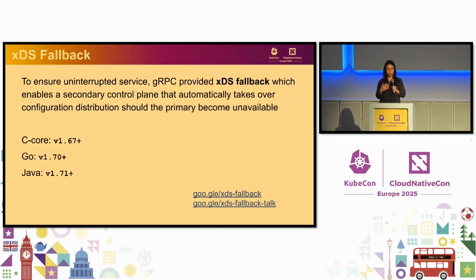When your primary control plane is not available, whether due to planned maintenance or unexpected network issues, gRPC will automatically switch over to the secondary control plane. This automatic failover mechanism ensures that your service will remain operational and accessible to your users without any interruption, minimizing downtime and maintaining a consistent user experience.